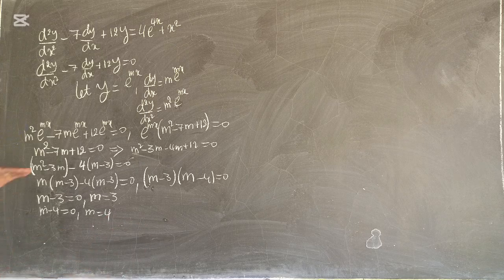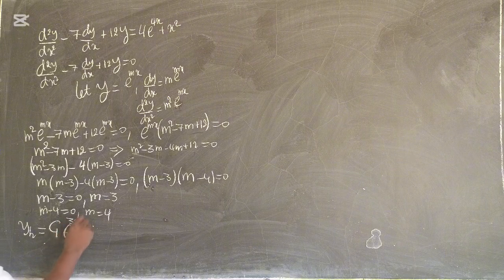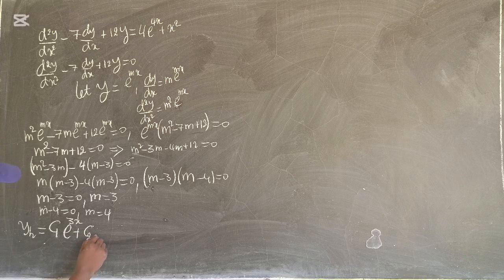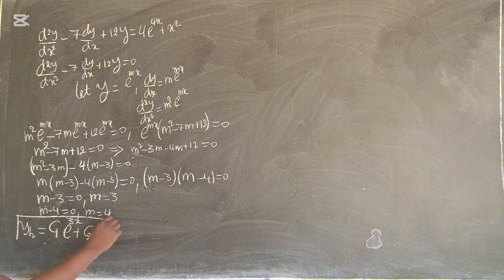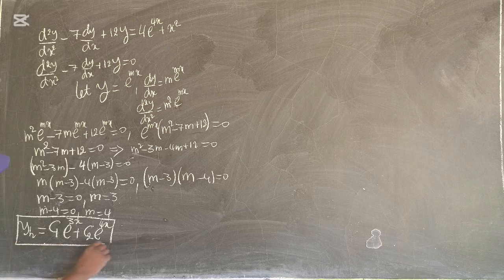Now, our homogeneous solution, which we write as yH, is equal to C1 times exponential of 3x, because our first m is 3, plus C2 times exponential of 4x, because our second m is 4. Here is the homogeneous solution.